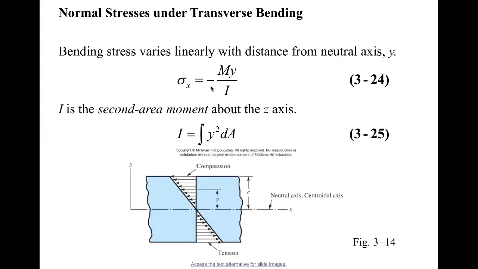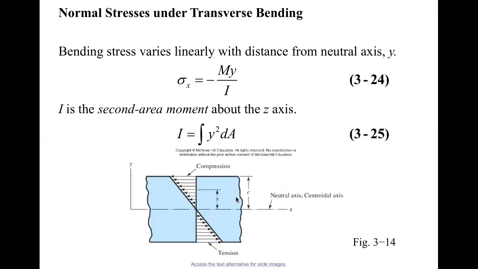Let me just remind you, why do we have the negative sign here? You can say the stress sigma x is in the opposite direction of y, right? If you look at the top surface, y is positive, and then the stress will be negative, compressive. If y is negative, then the stress will be positive, which is tensile stress.